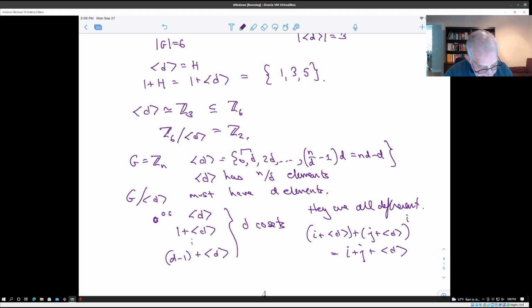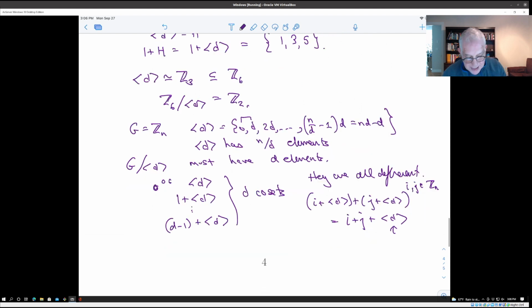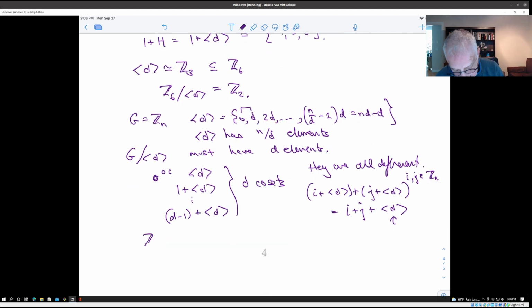These are elements of Zn, but if you get a multiple of D, then you're in this coset, and so it becomes effectively 0. So if you take Zn mod out by the subgroup generated by D, you get the cyclic group with D elements. And this subgroup here has n over D elements.